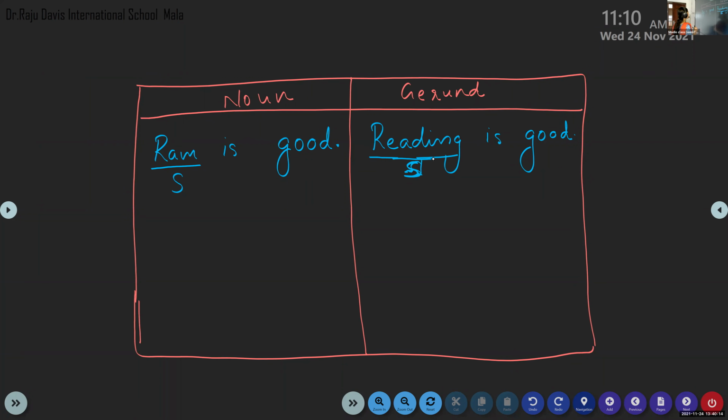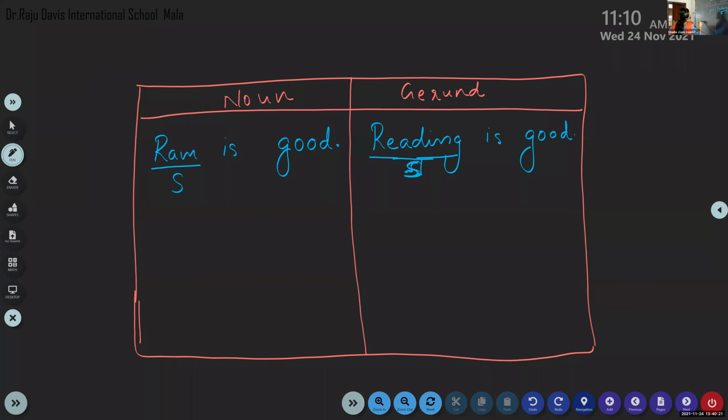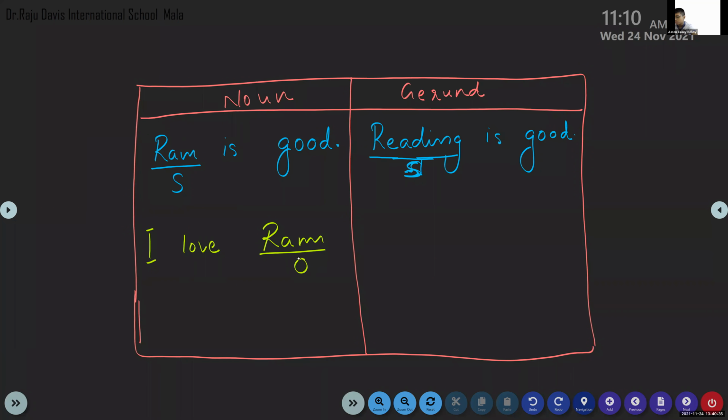My second sentence, I love Ram. Here, Ram is the object, isn't it? Yes. So in the same position, object is a noun, right?